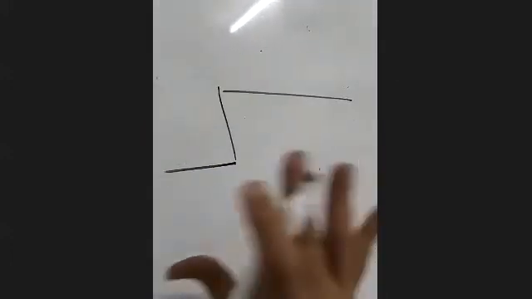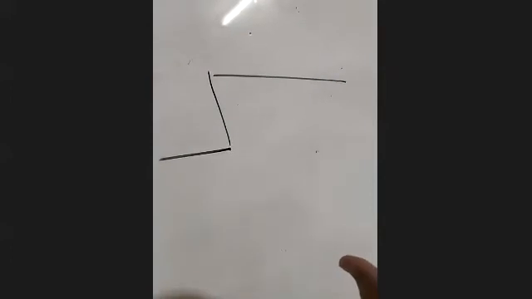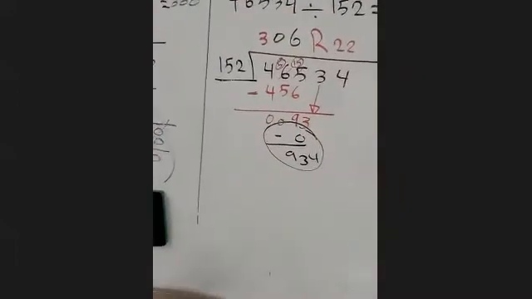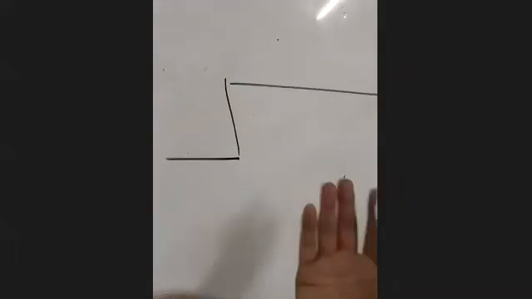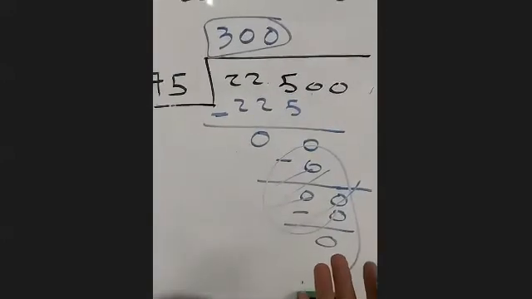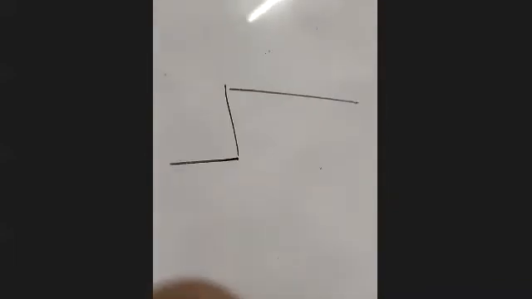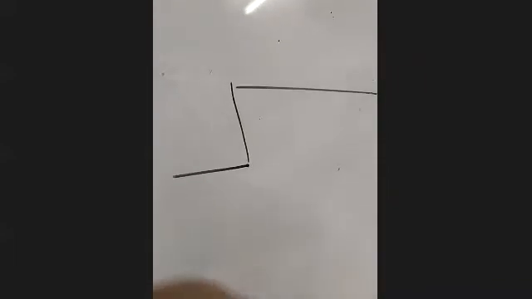How we do division? We did normal division. Look here, the 200. Yeah, the division for 400 and 200, 2000, 4000, like this, 40,000.